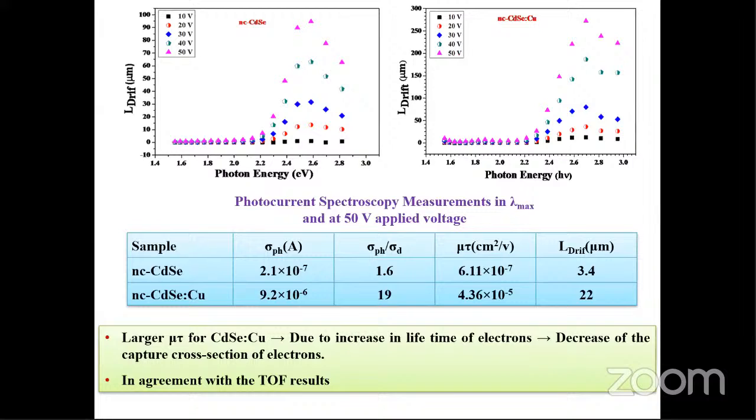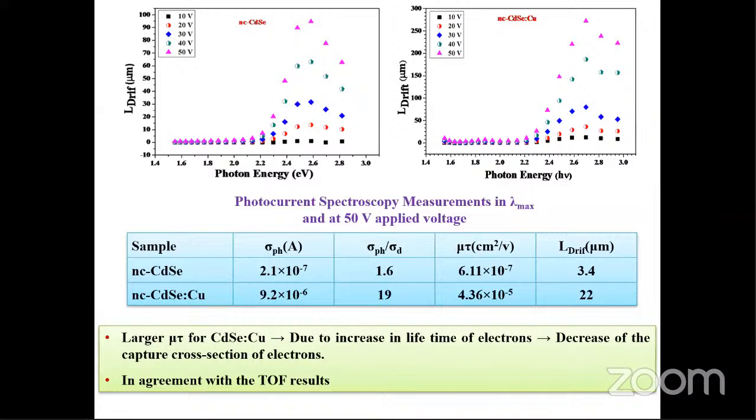And the mu tau product also increases, 2 orders changes there, and the L drift, that is the diffusion length, also increases around 1 order, from 3.4 micrometer to 2 micrometer.